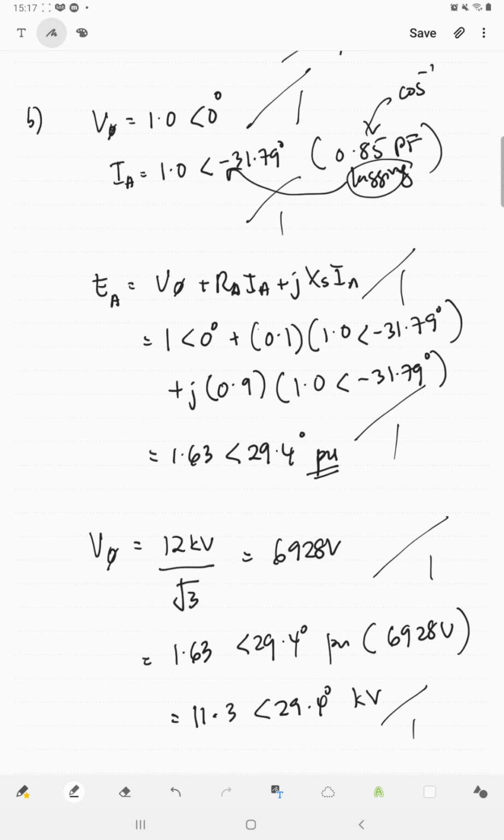V phase is some value according to a rated condition, and the current is also some value, but that value is basically the same as V phase. This V phase is the value that we base our per unit calculation on.